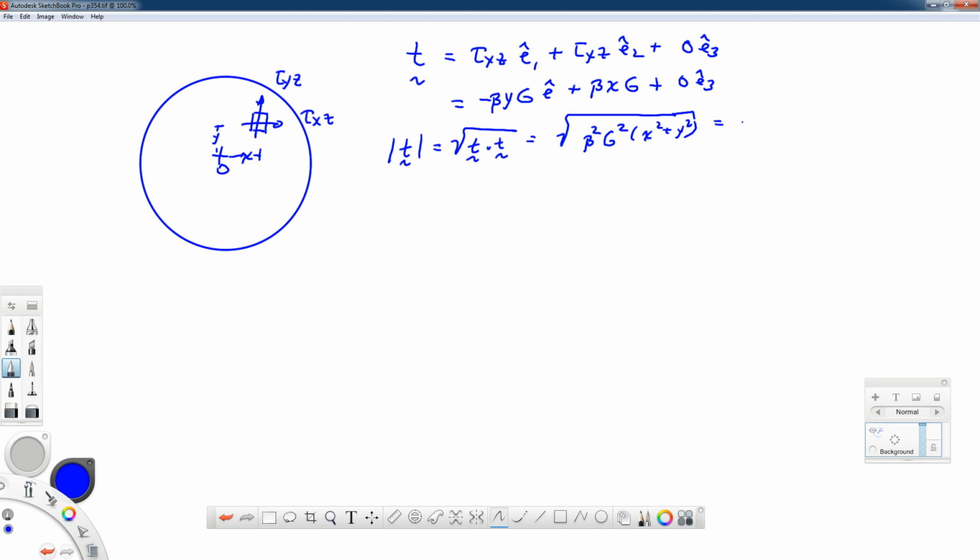When we take the square root, we'll end up with beta G r. Again, this is a constant. That's a constant. And this is the distance from the center of the bar.